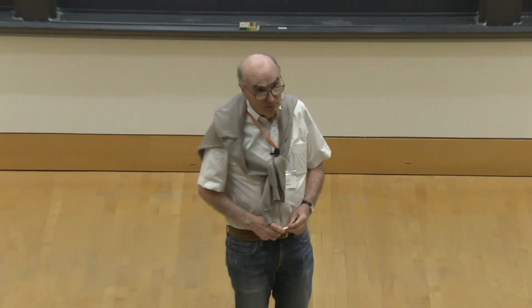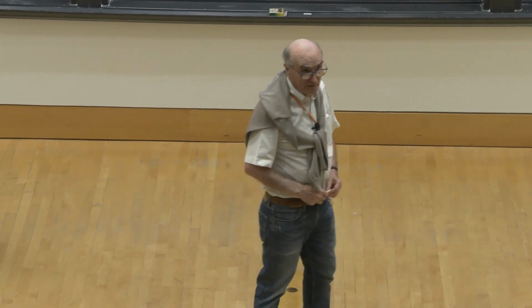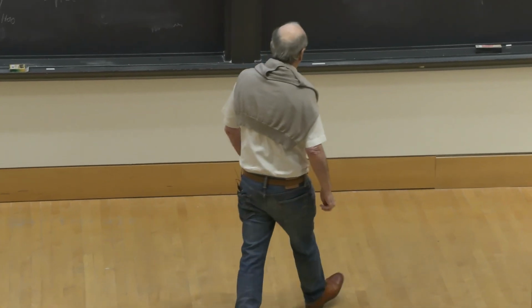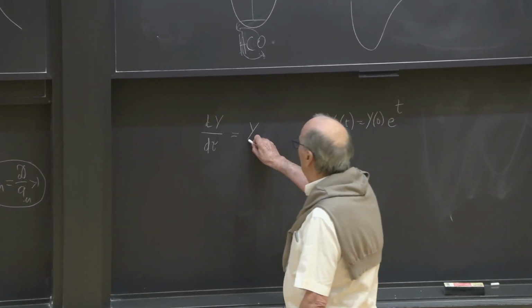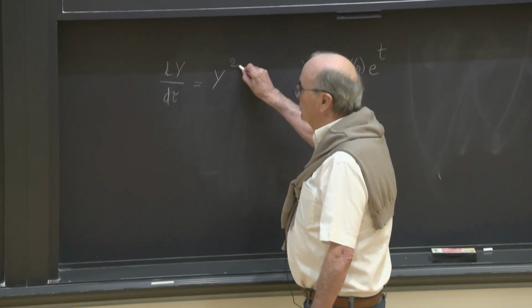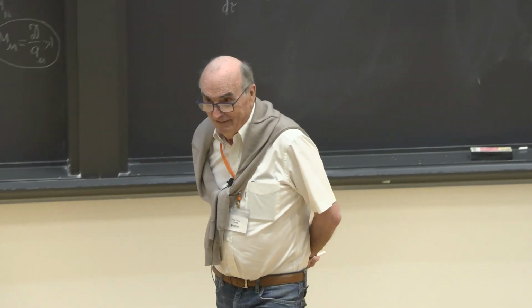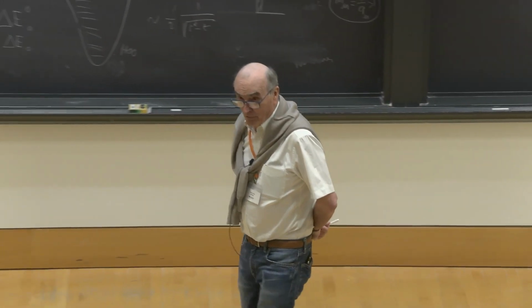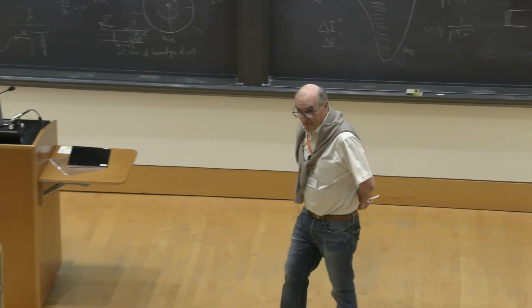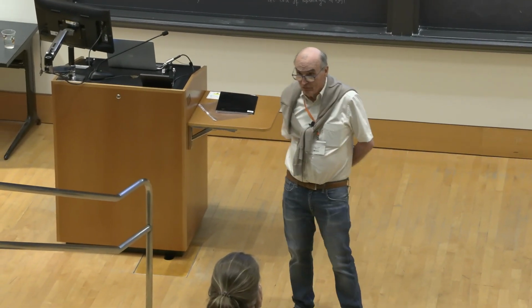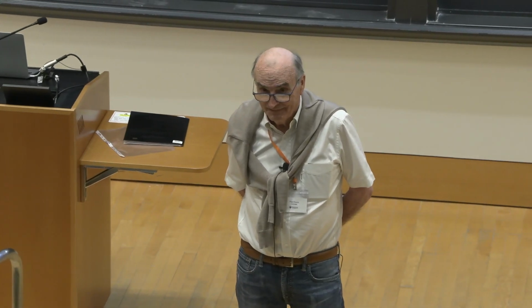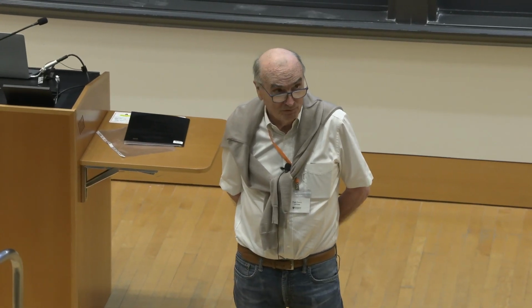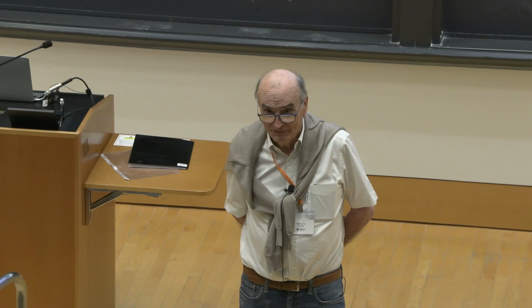Now you say, okay, life is not linear all the time. Sometimes life is non-linear. What will be the difference now if, instead of y, I have y squared? This is a Riccati equation. Do you know how to solve this equation? Yes, you must know.